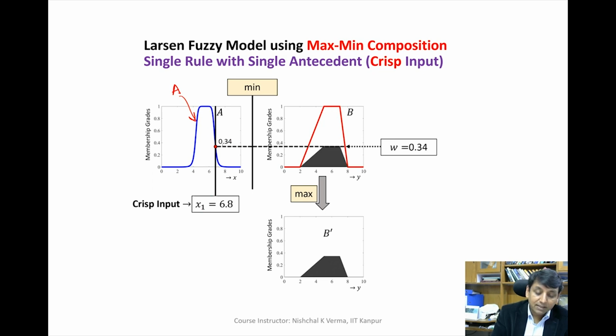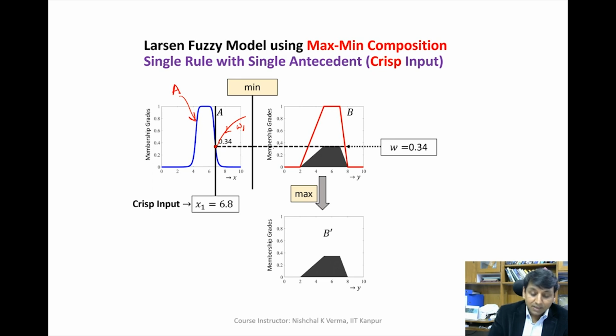So what we get here is the point of intersection for x1 is equal to 6.8 on this membership function for the fuzzy set A. I can represent this by W1. This is also called the weight or the firing strength of the rule.